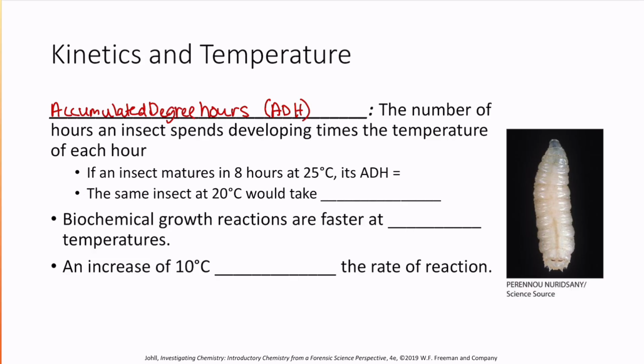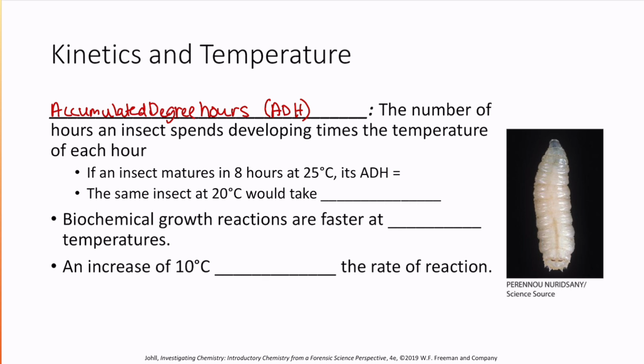And this is where we look at insects, and it looks at the number of hours an insect spends developing and multiplies by the temperature of each hour. And this is very important in forensic chemistry, where a lot of decaying organic matter can start having bugs grow in them, insects grow in them.